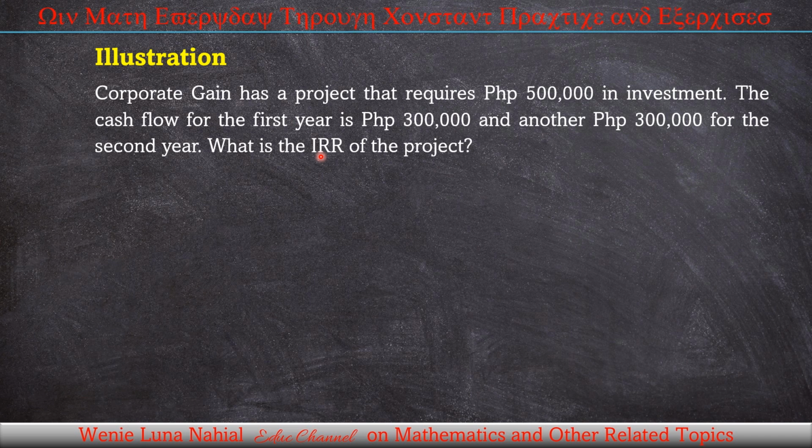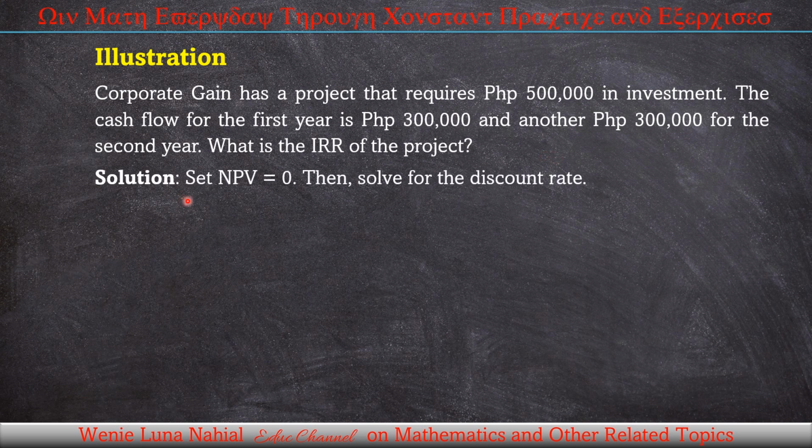But the cash flow for the first year is just 300,000 pesos, and another one for the next year, 300,000 pesos. So the question is, what is the IRR of the project? So let's apply the concept of the internal rate of return. Now, set the net present value equal to 0. Then solve for the discount rate.